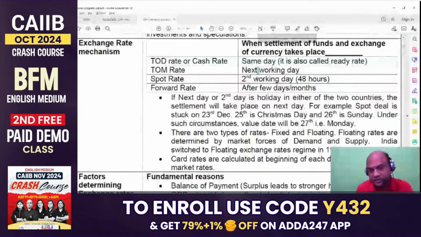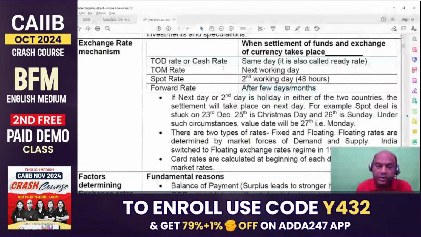Next to next, 48 hours. Forward rate: after a few days or a few months, means after the spot, whichever date is there, that's called forward. Kindly note. This you have already studied in your JIB also.